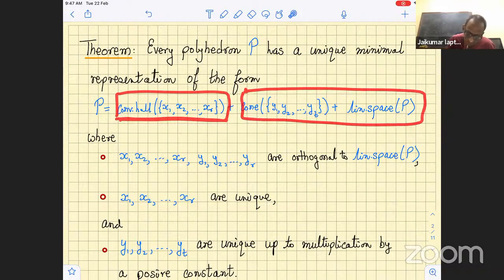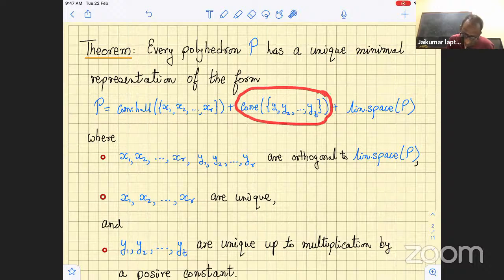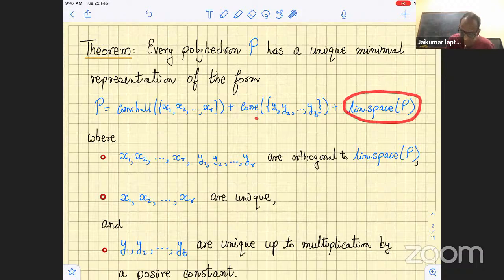Now the C part we are further decomposing into a pointed cone and the linear space of P. By linear space I mean all those directions where an infinite line in both directions is there. You just take the span of them. That entire affine subspace is sitting inside P. You shift it to the origin and you get the linear space.